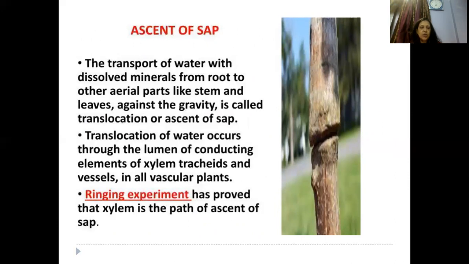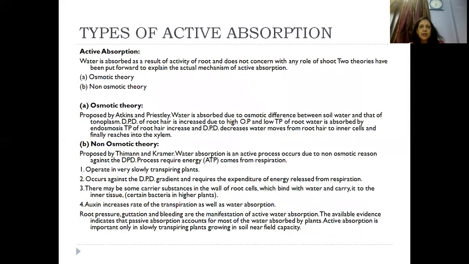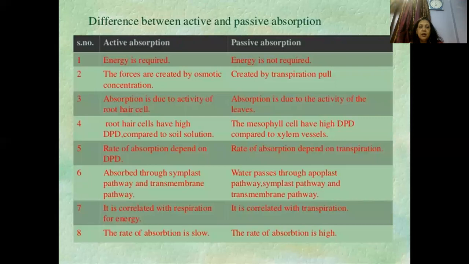Okay, so what did we see? Here we need to understand the difference between active and passive absorption. In active absorption energy is required, and in passive absorption energy is not required, correct. In active absorption we have two different kinds, active osmotic and non-osmotic.